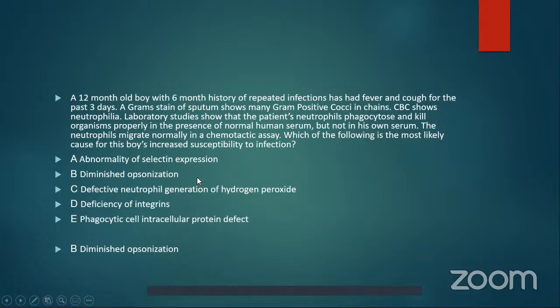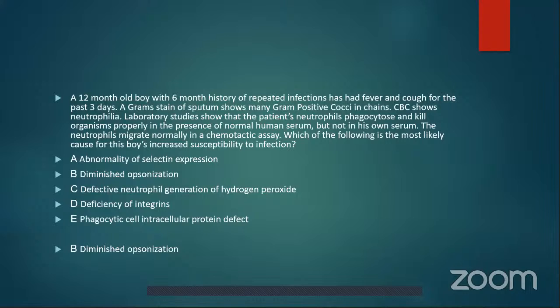You know that IgG, complement, all these are opsonins, and they are easily available in the serum. So that's how the deficiency of this patient's opsonins was corrected by the addition of normal human serum, and that's how his phagocytosis improved. Diminished opsonization for this particular question. When we analyze the question, you can come to this conclusion.